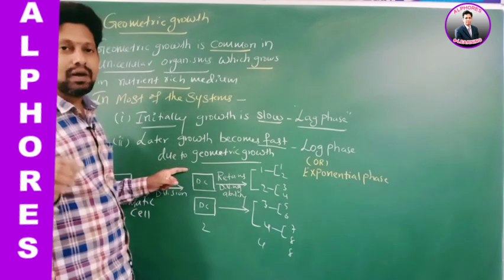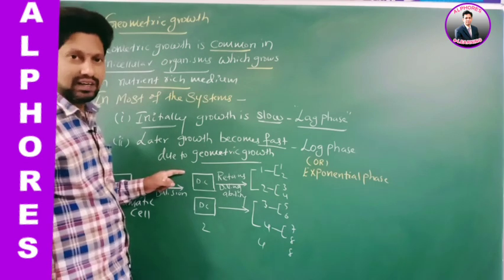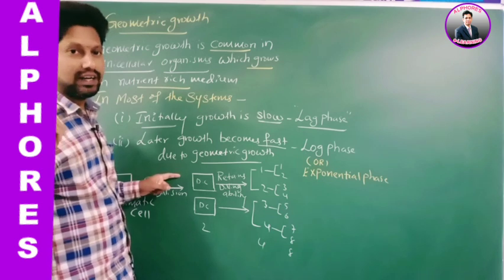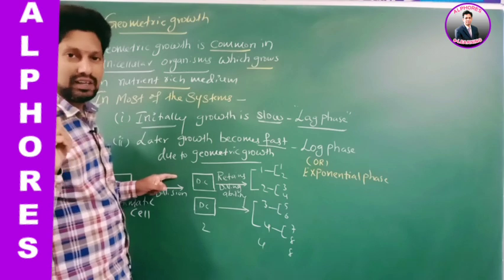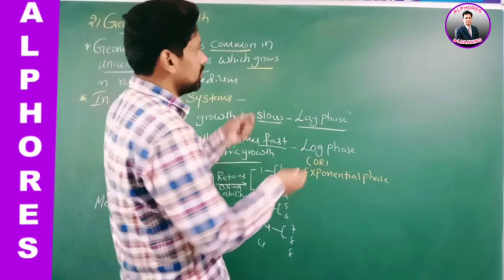When a meristematic cell divides, the 2 daughter cells obtained retain dividing ability. That is, both the daughter cells will be meristematic. Is this statement okay?